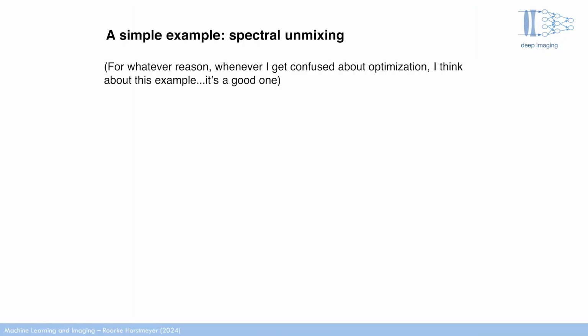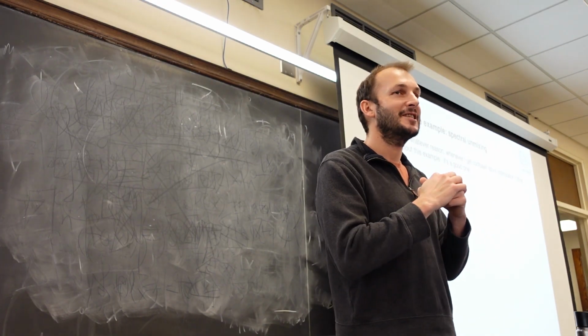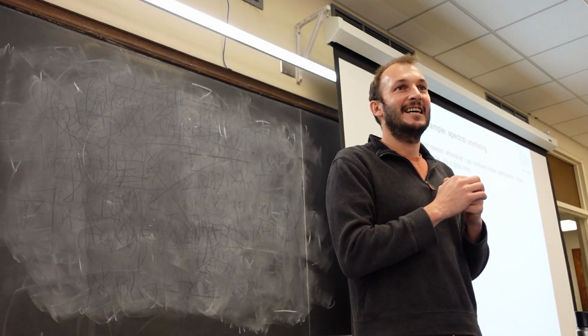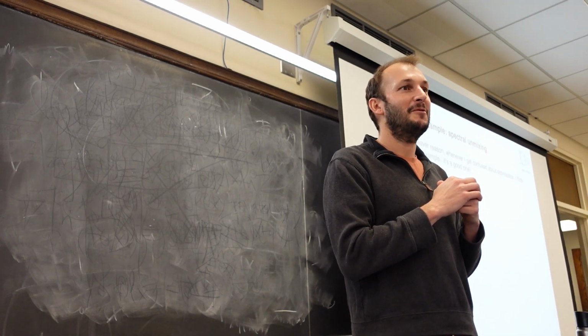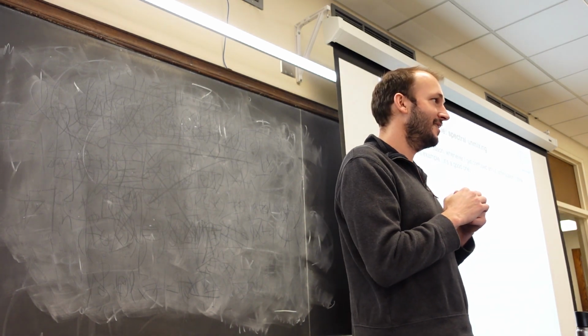To present optimization, I'm going to go through this example that I like because it's easy to describe mathematically. You'll see it's actually not that easy, but compared to all other optimization problems, it's the easiest convex optimization problem that I can muster that actually is mildly relevant.